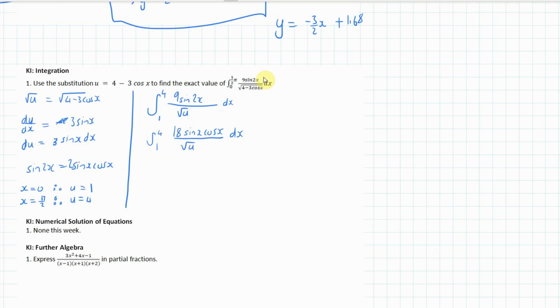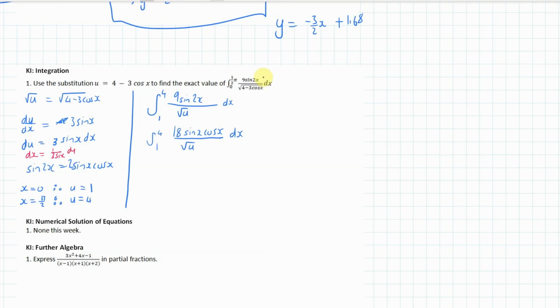Now, given that, we could potentially rewrite dx, so dx could be equal to 1 over 3 sine x du.